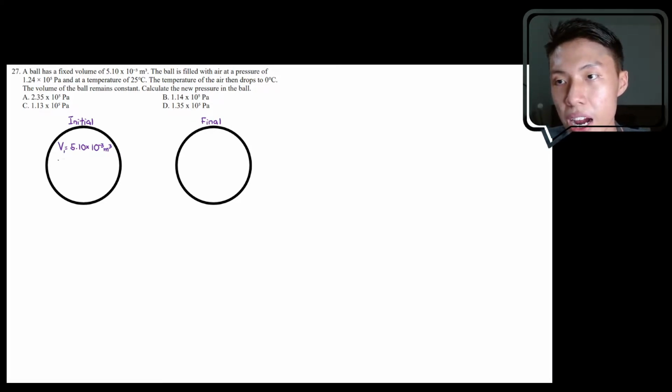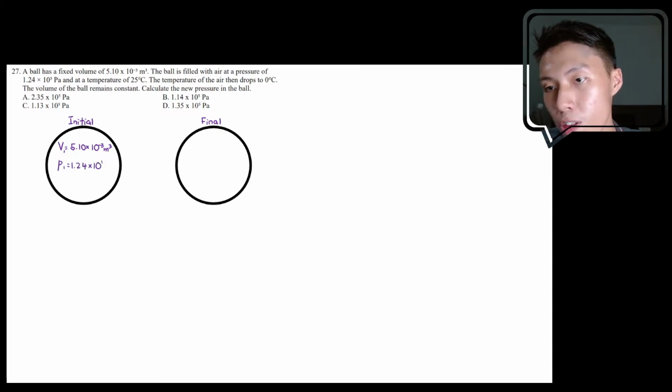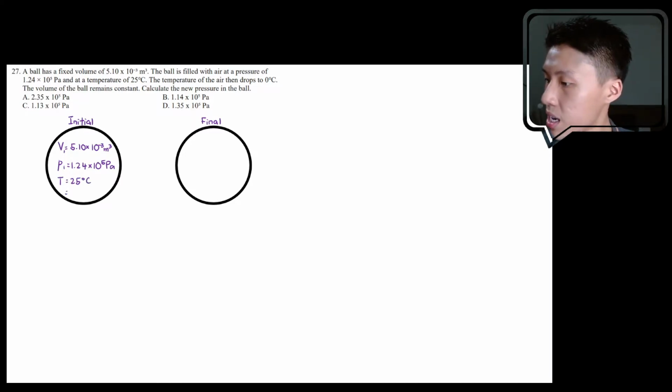Then the air initially has a pressure of 1.24 times 10 to the power of 5 Pascal. The temperature is 25 degrees Celsius, which if we convert into Kelvin, is 25 plus 273.15 Kelvin.